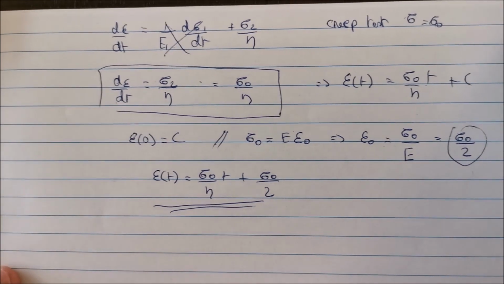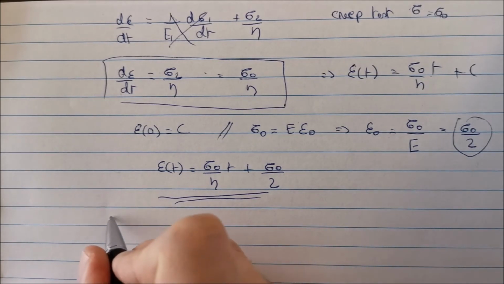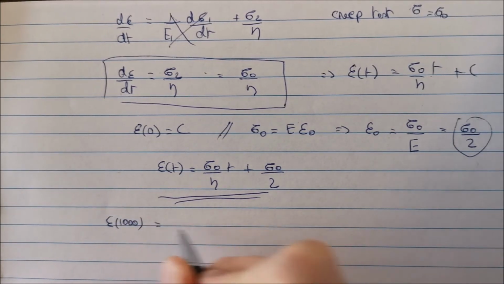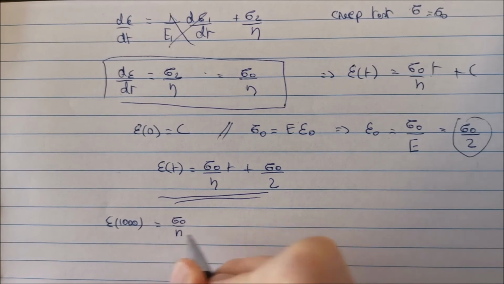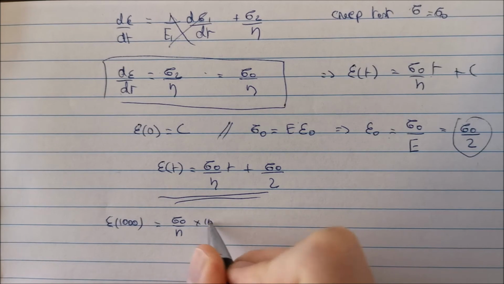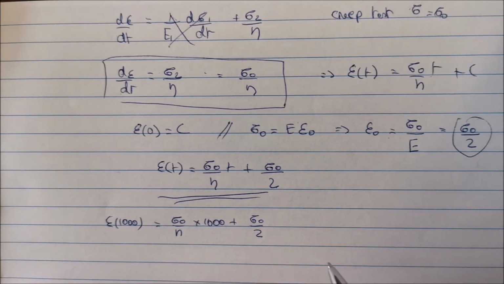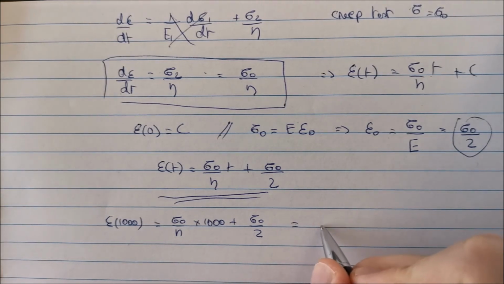So now the only thing left to do is to calculate the strain at 1000 seconds. So epsilon of 1000 is equal to sigma 0 over the viscosity times 1000, plus sigma 0 divided by 2. We are going to be careful with the units, and make sure that we put everything in gigapascal.